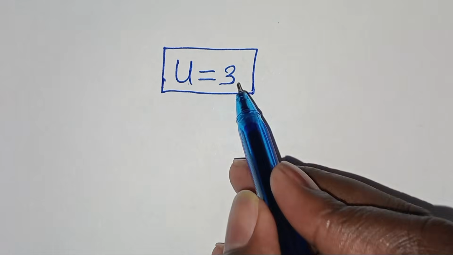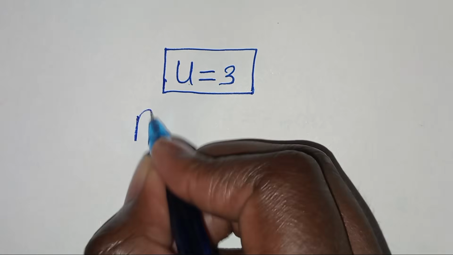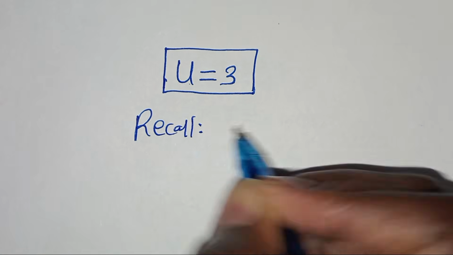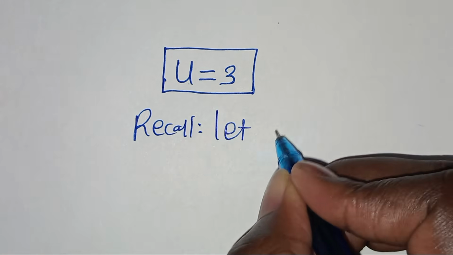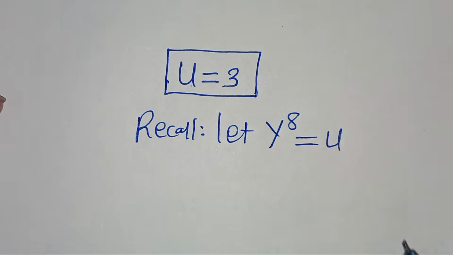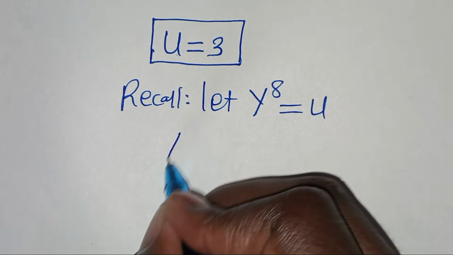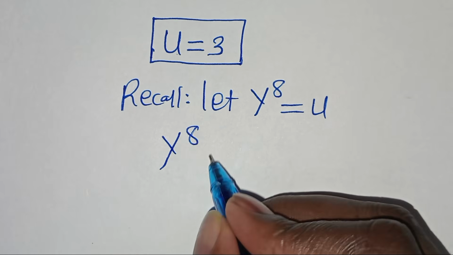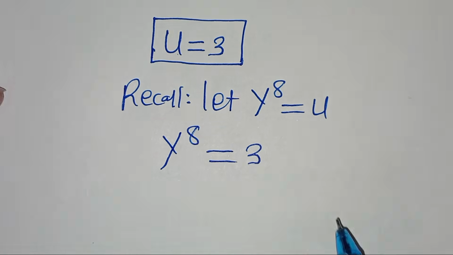Now since u is equal to 3, and if you recall, we let y to the power of 8 be equal to u. So we have y raised to the power of 8 equal to 3.